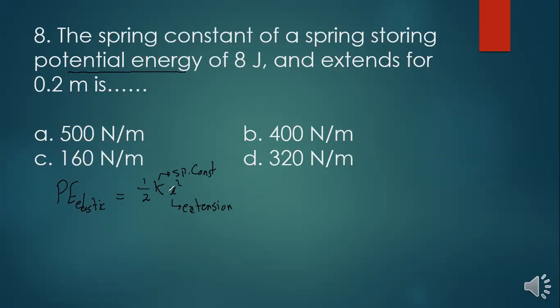So if we are looking for the spring constant, all you need to do is to rearrange the formula so that the spring constant k is equal to 2 times PE elastic over x squared, right?